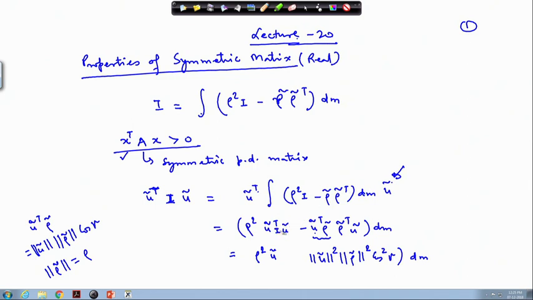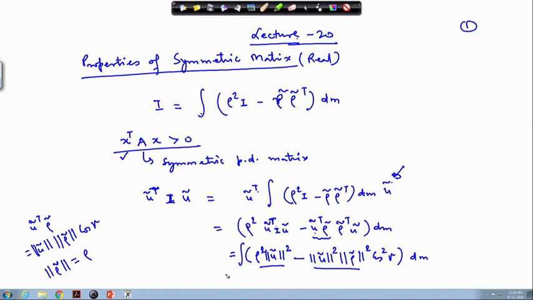This T is the transpose which is here in this place. So, I times u tilde is nothing but u tilde, and therefore u tilde transpose times u tilde is equal to u tilde magnitude square. So, these two terms are the same term.